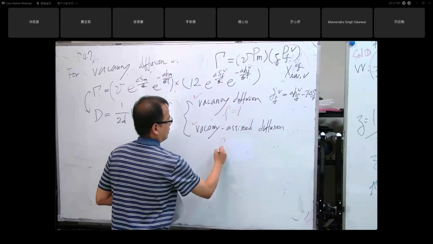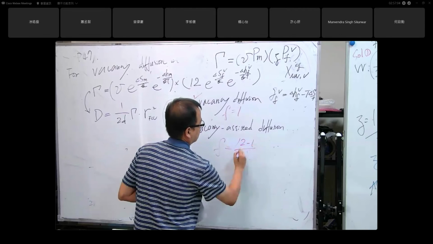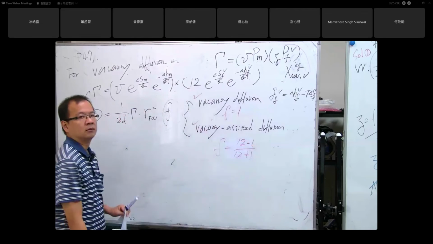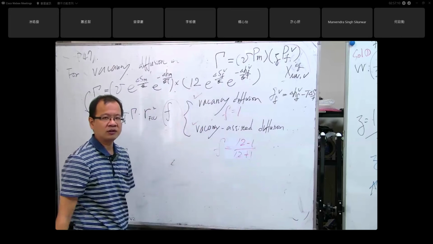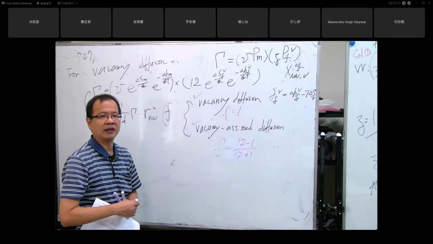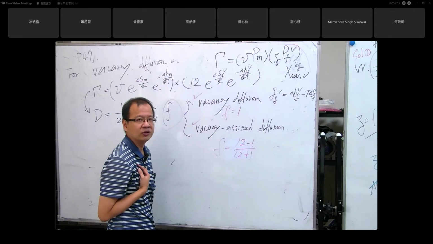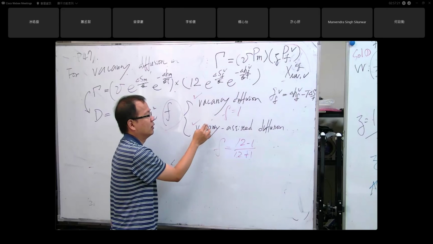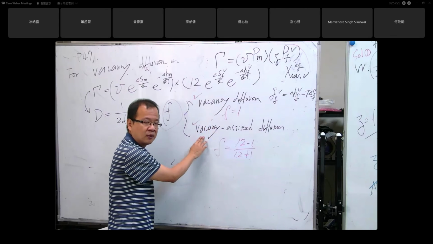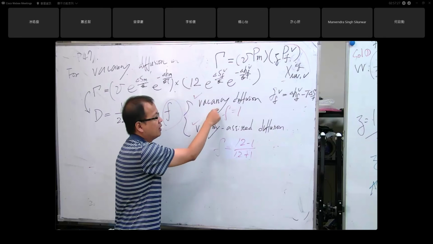For this one, f equals 12 minus 1 over 12 plus 1. Right? They are different. So you cannot just simply memorize it and pick out without any reason. You must pick out the right one based on my question. I may ask you defect diffusion or I may ask you defect assisted diffusion. It doesn't matter whether that's interstitial assisted or vacancy assisted.